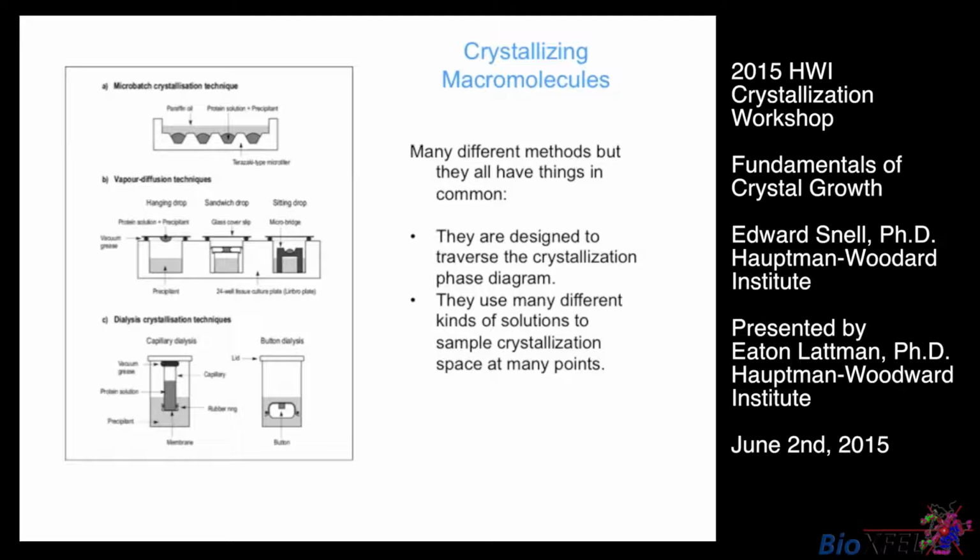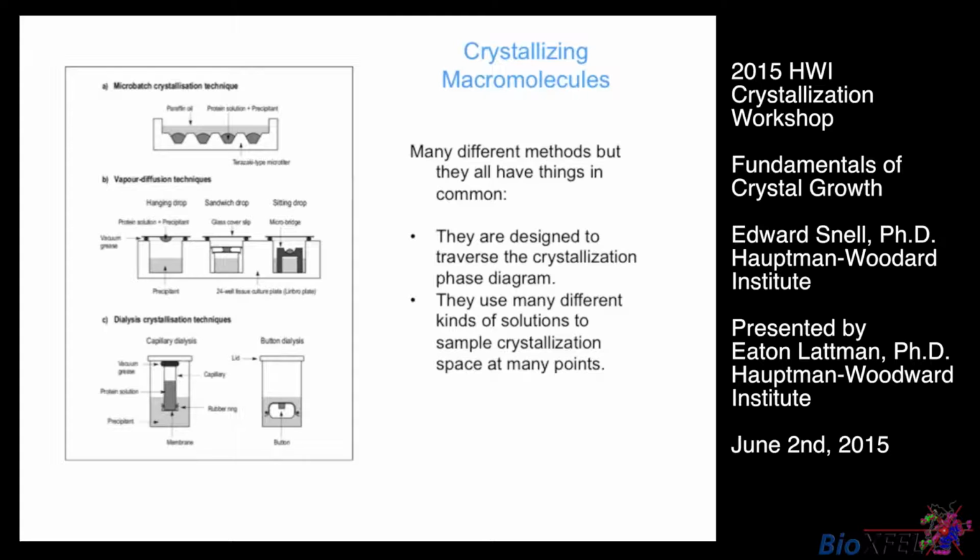So this drop over here is protein plus a little buffer. And the precipitating agent is here, and the water will diffuse out of the protein drop into the precipitating agent, concentrating the drop. And these are two other versions of the same experiment in which water diffuses out of the drop into the larger container.